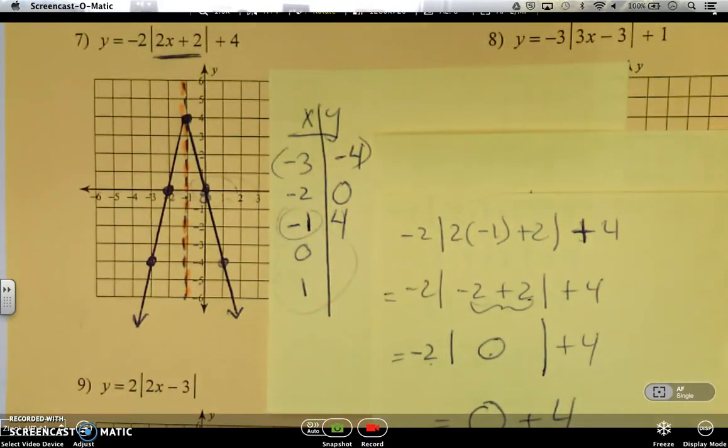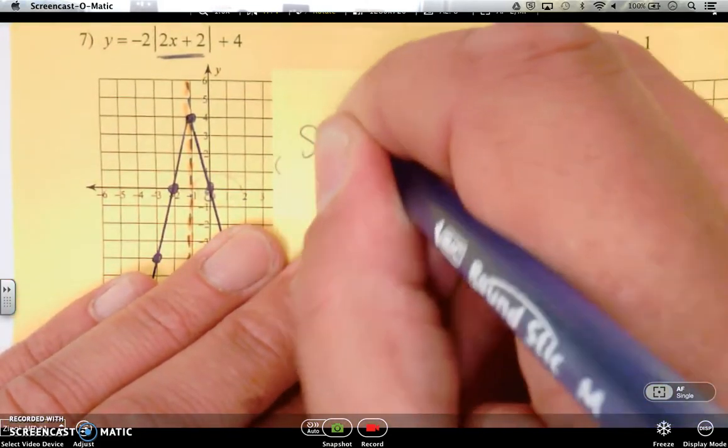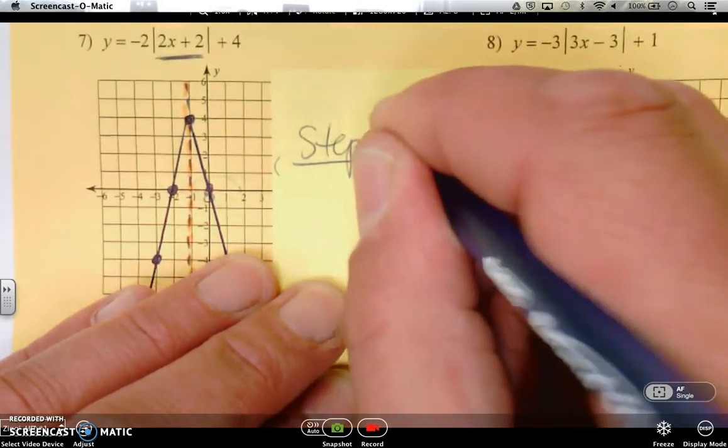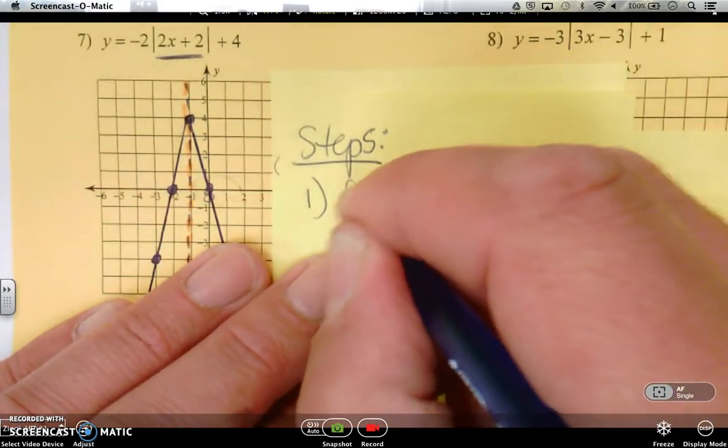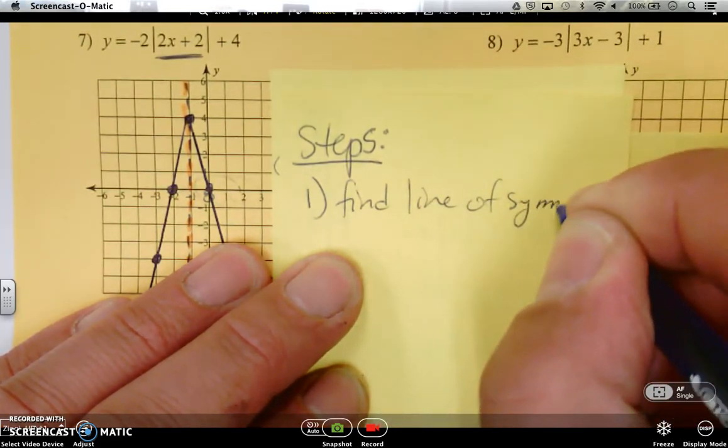Okay, so finally, your steps. One, find line of symmetry.